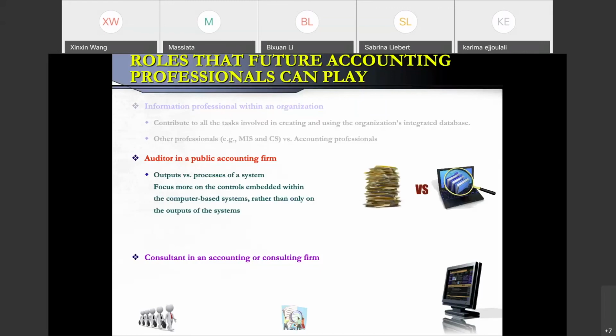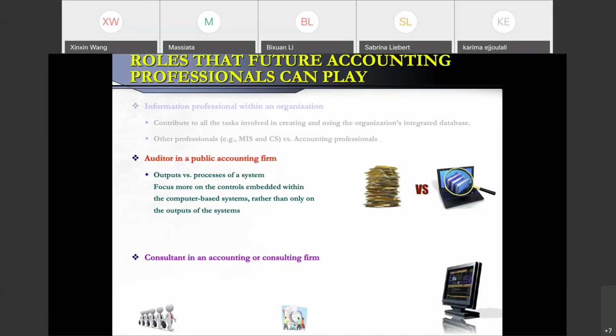Another perspective is auditors in the public accounting firms. They are more focused on the controls based on the computer system. What the PCAOB is looking for is testing and issuing reports based on the controls, right? The ERP system provides us the result, but that's the output.